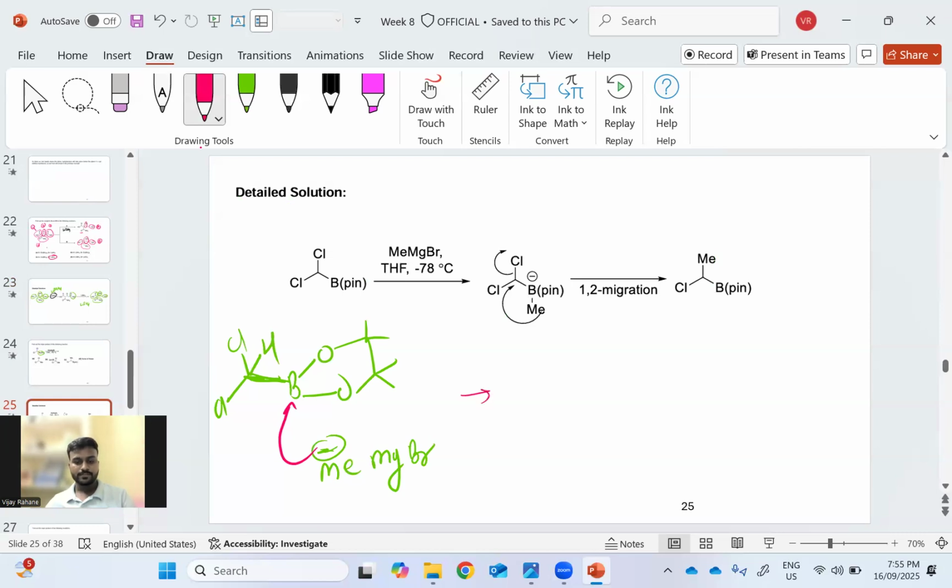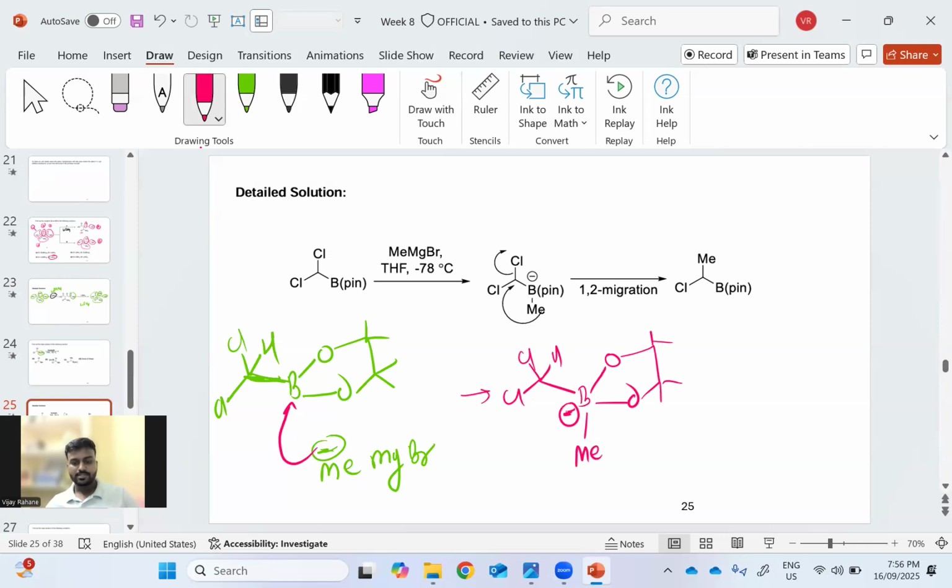So it will give the ate complex, and this boron will be negatively charged now.